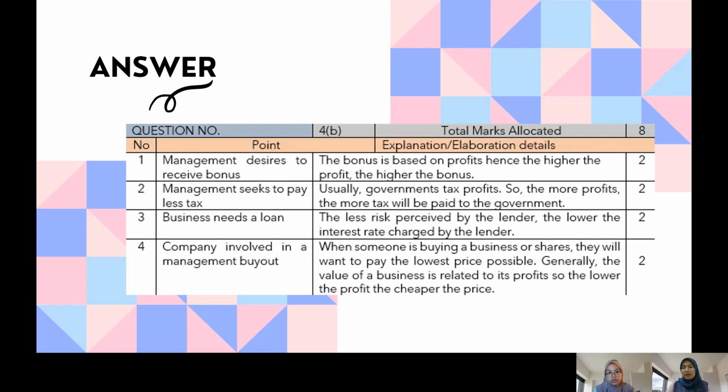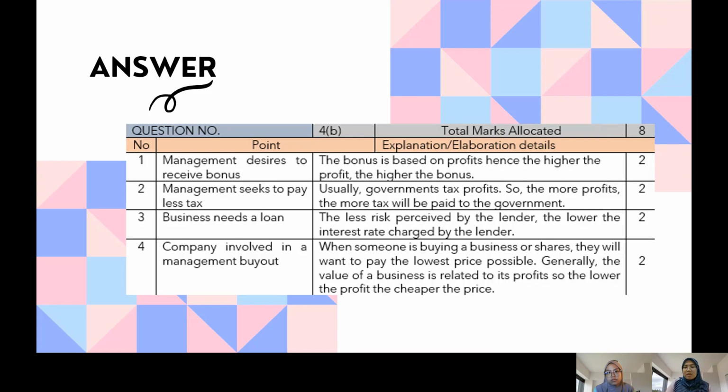Earlier we explained why management prefers to have creative accounting, because they desire bonuses and short-term profit. And then the next point is management seeks to pay less tax. So usually the government taxes profits. So the more profits, the more tax will be paid to the government.